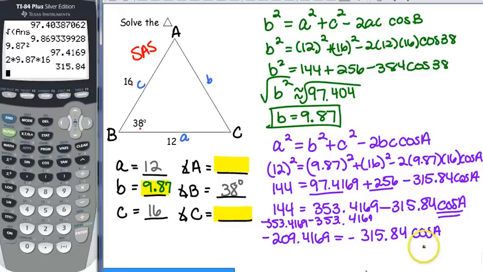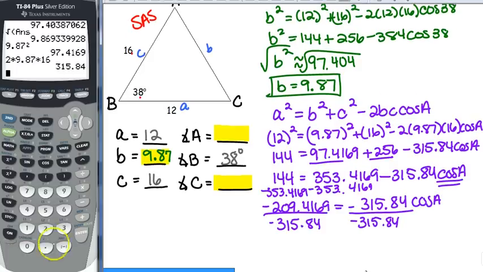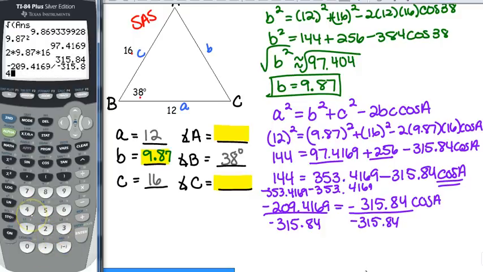I am multiplying those two things together, so to undo it, I have to divide. And when I divide that in my calculator, 209.4169 divided by negative 315.84, I hit enter. Again, I am not going to round that.